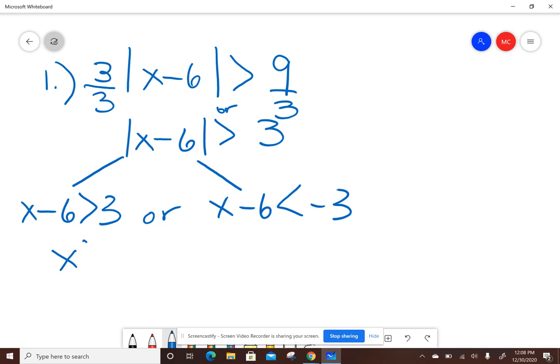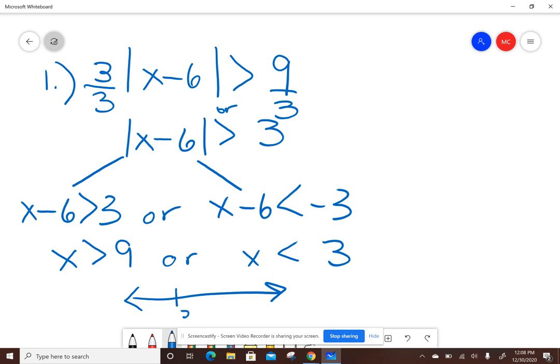This ends up being x is greater than 9 or x is less than 3. So when I graph this, classic or, less than 3, that direction, greater than 9, that direction. Okay, so that's number 1.